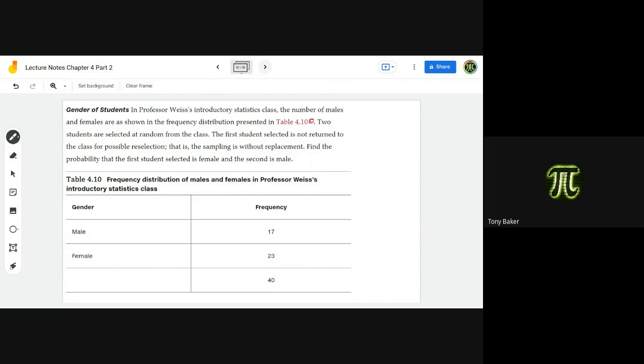All right, let's get back to probability now, the thing that all those politicians exploit to a tremendous ability. So, Professor Weiss's introductory statistics class, number of males and females is shown.